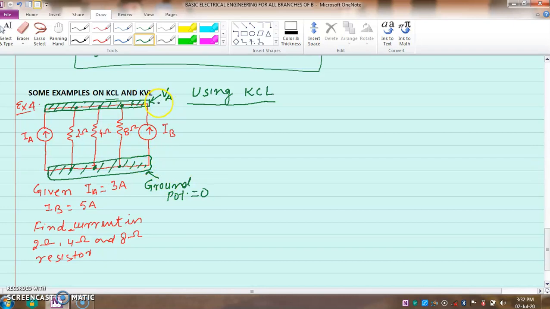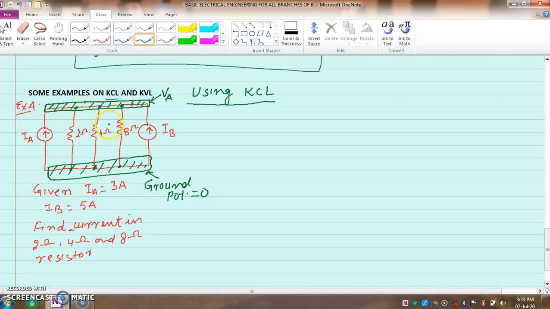Its value is VA. So we have to find the current in the 8 ohm, 4 ohm and 2 ohm resistances. Currents IB and IA are known. To apply Kirchhoff current law, it is applied at a node. This is a single node. Here we have to apply Kirchhoff current law. So what would you do for this?